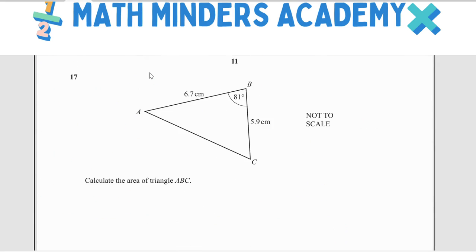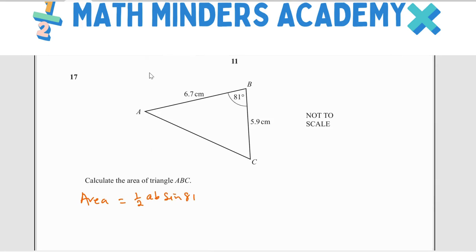We proceed to question number 17. We want to calculate the area of this triangle ABC. Area of triangle ABC is half the product of the inclined side multiplied by the sine of the included angle.